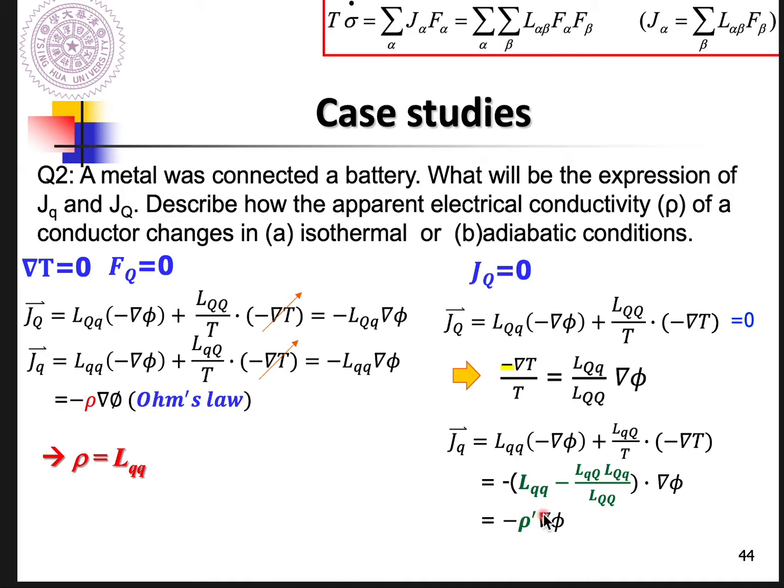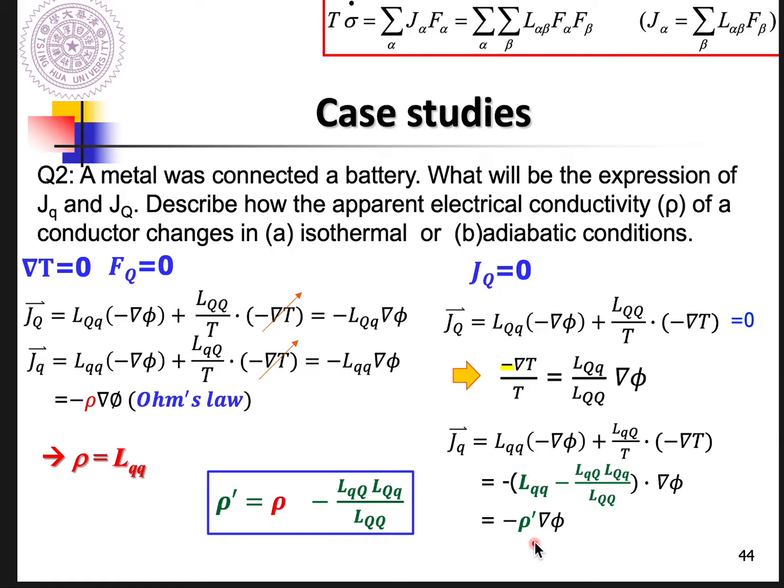This sigma prime is not exactly sigma, it's different. It equals sigma minus an extra term, and this term exists because in this system there exists another driving force. This driving force will contribute extra heat flux, so that will interfere with, or disturb, your measurement of the correct electrical conductivity.